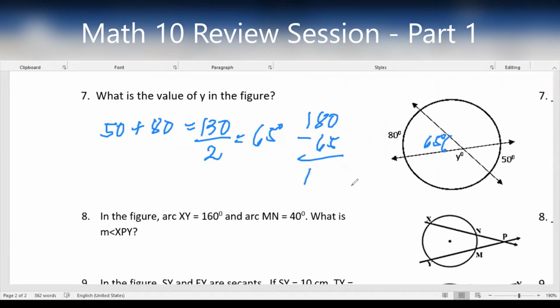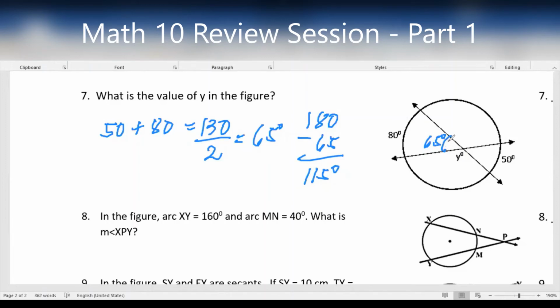So, thank you, Erin. The answer is 115 degrees. And she explained it correctly. I hope it's clear na. So, there is a theorem that if the two lines intersected inside the circle, simply add the two arcs and divide by 2. Kaya 50 plus 80, 130 divided by 2, 65 degrees.